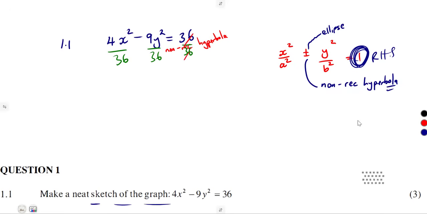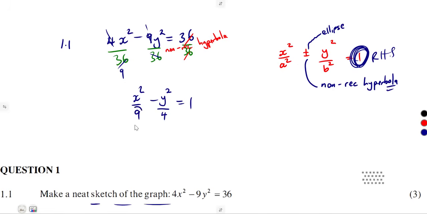So dividing here, that was going to give us a 1. Okay, so on the left hand side, that is minus 1, which is minus y squared over 4. That is 1, 9. So it's going to be x squared over what? Over 9. So as we can see, this is the format that we need. X squared over a squared.